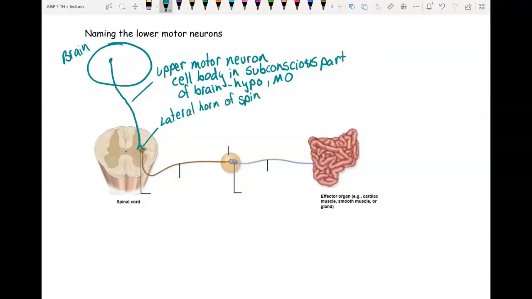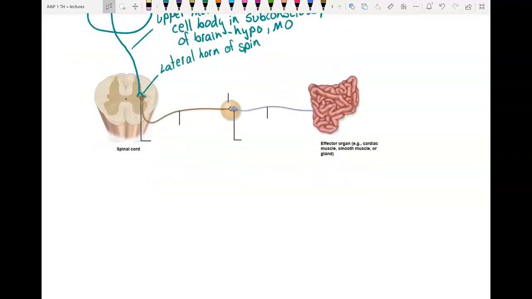Then we synapse. Notice here we have two lower motor neurons. So here we have a synapse. Here's our cell body. And this is what's going to receive neurotransmitter from the upper.